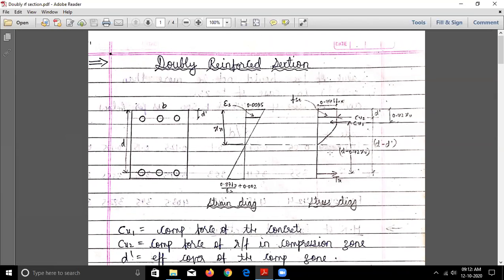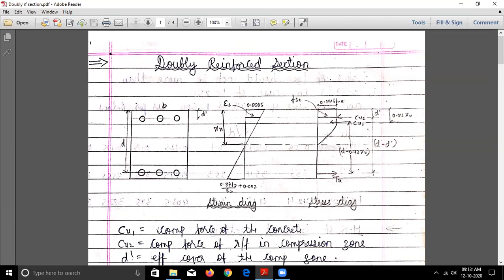Now let us see what the various components are. In this, one thing will be added. In the strain diagram, this is the strain at the level of compression steel, and in the stress diagram, this is the stress at the level of the compression steel, fsc. So the strain at this level and the stress at this level are the two extra terms which we are going to see.